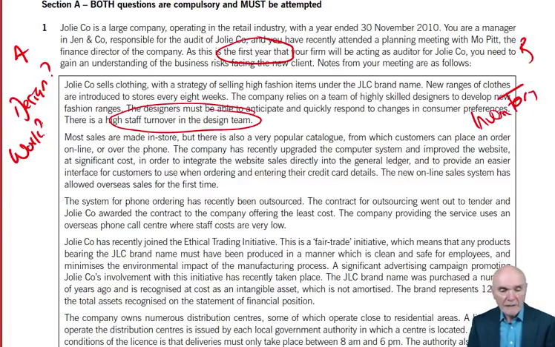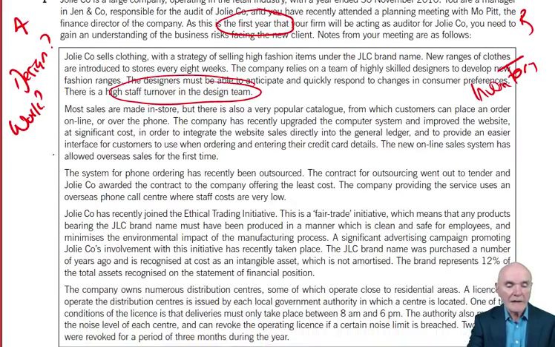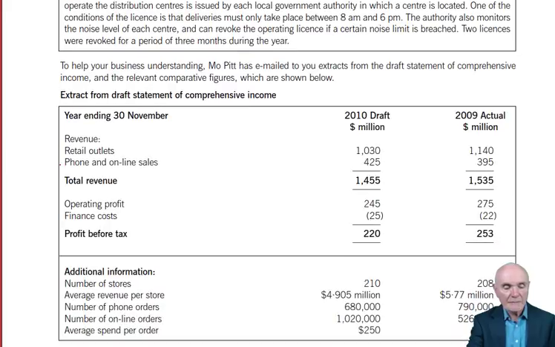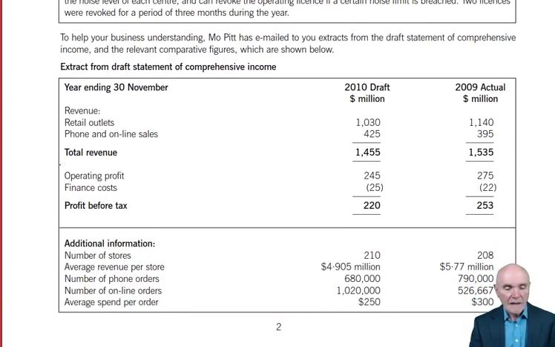So most sales are made in store, but there's a popular catalogue from which presumably a lot of customers can place an order online. If we look on down a little bit, we might see some information about that. We have the number of phone orders, we have the number of online orders.